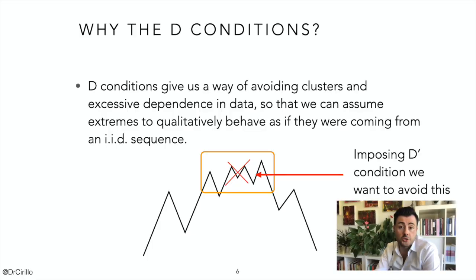Now imagine that you are during a crisis, so you are looking at your portfolio. You will see very likely that several large losses will happen, several defaults will happen, and the size of the defaults is likely to be important. So what you have is that you risk to observe several extremes altogether, so they create a cluster of extreme events.